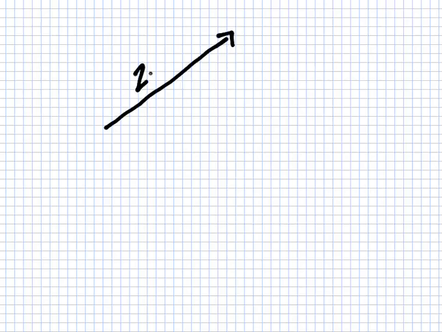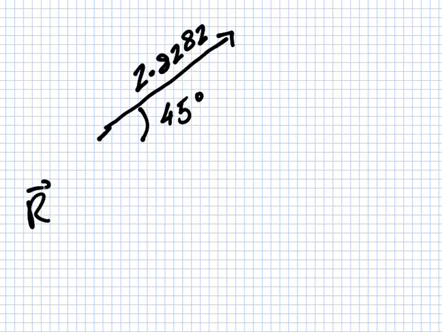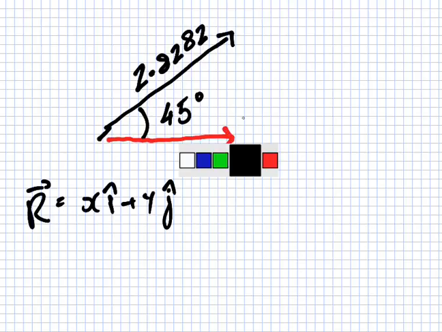This vector has a magnitude of 2.8282 and it makes an angle, a direction of 45 degrees. So what I want you to do is to tell me how many i's I have and how many j's I have. In other words, I want you to get this part here and this part here.